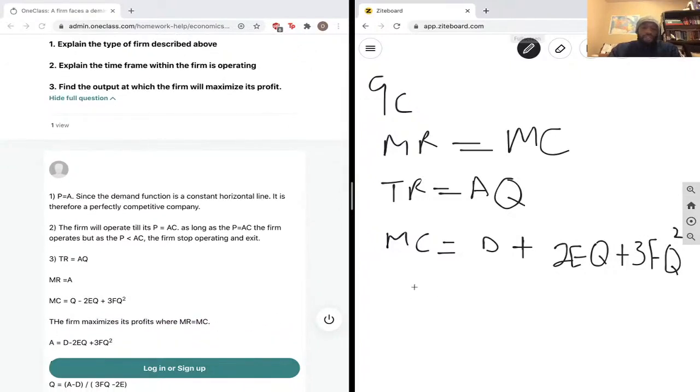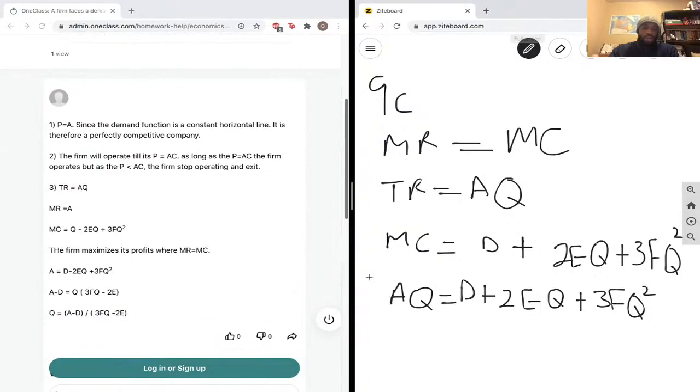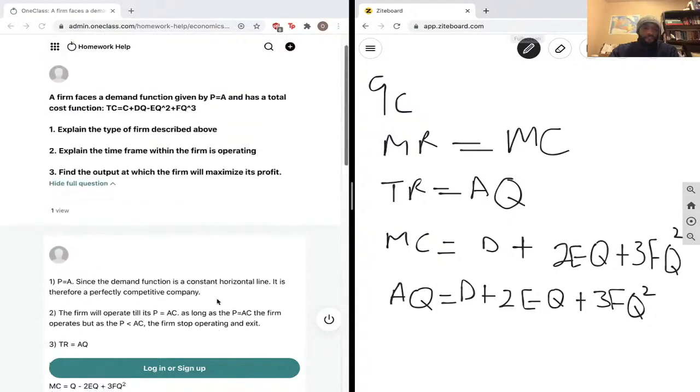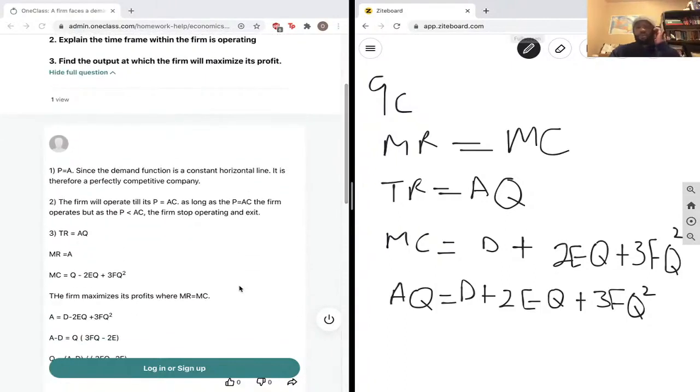And the firm will maximize its profits when A equals D plus 2EQ plus 3FQ squared. And we need to find the output at which this happens.